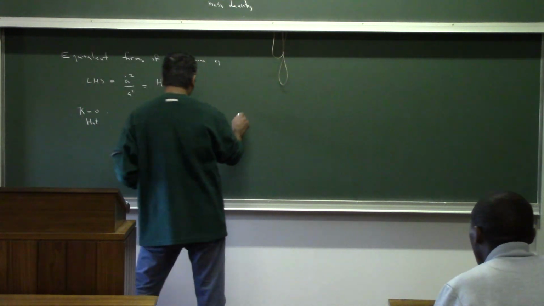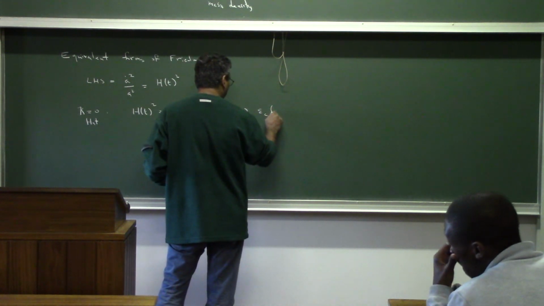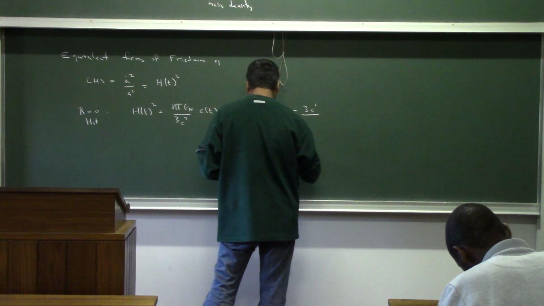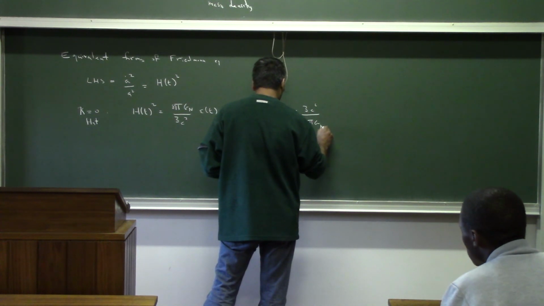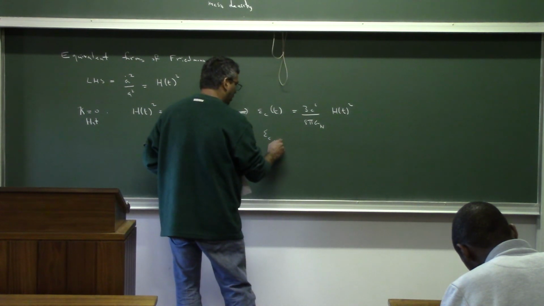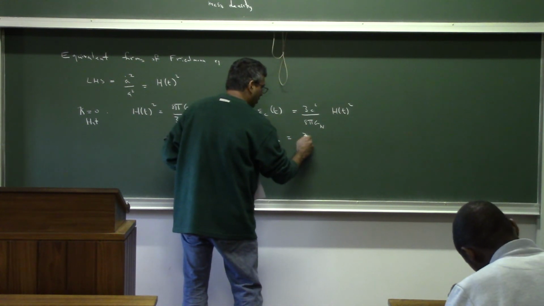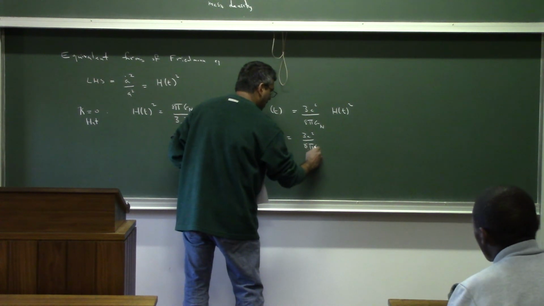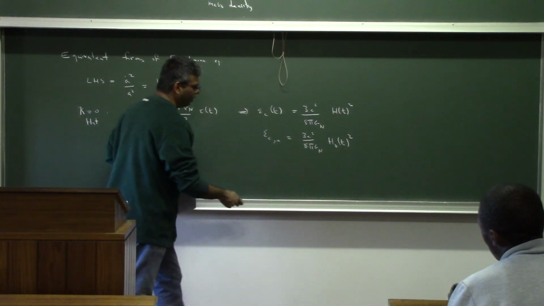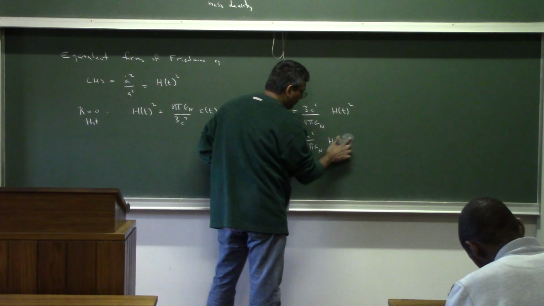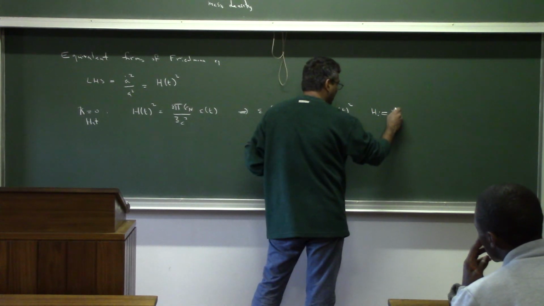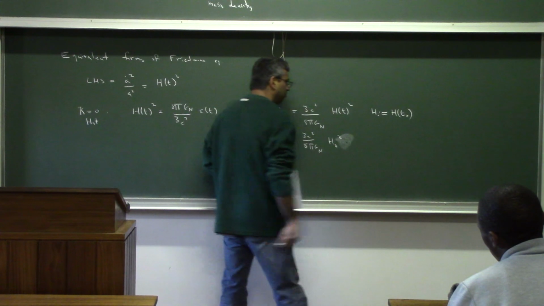And this tells us there's a critical energy density, epsilon critical, which is 3c squared over 8 pi G Newton times H of t squared. And if we evaluate the critical energy density today, this will be 3c squared over 8 pi G Newton times H0 squared. There's no t anymore, since H0 is defined as H of t0.